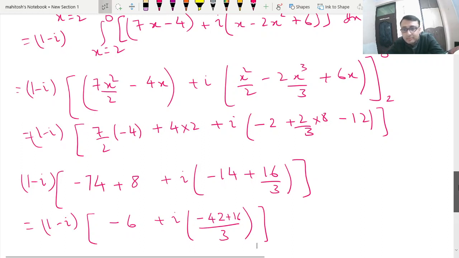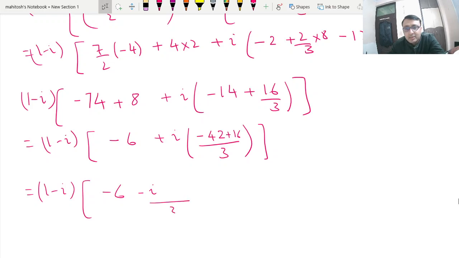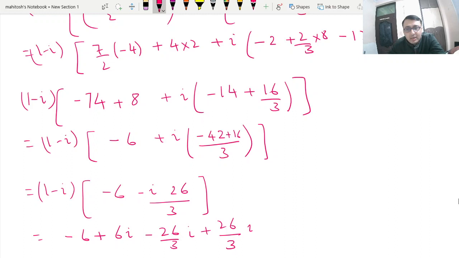This is 1 minus i times minus 6, and we can write this as i times 26 by 3. So this is nothing but minus 6 plus 6i minus 26 by 3 i plus 26 by 3 i square.